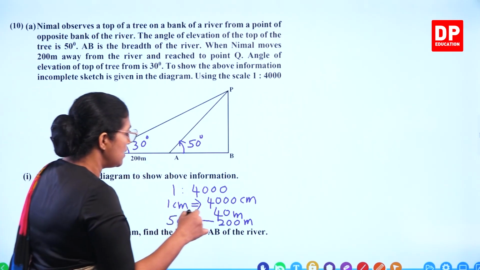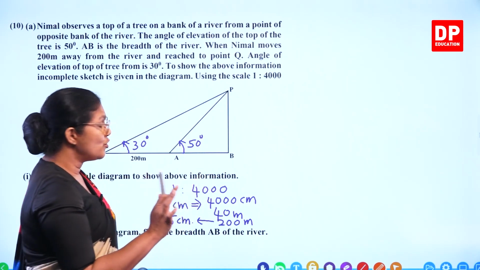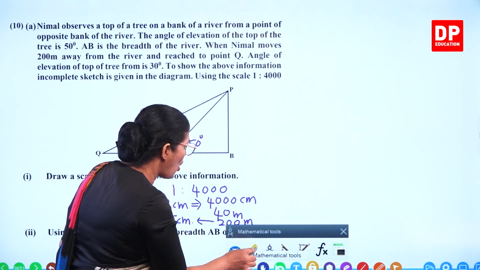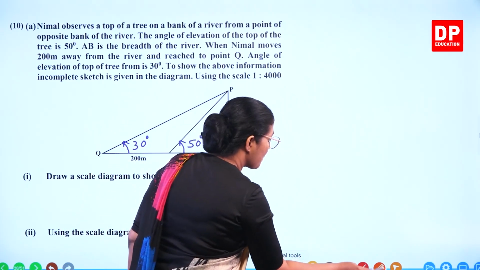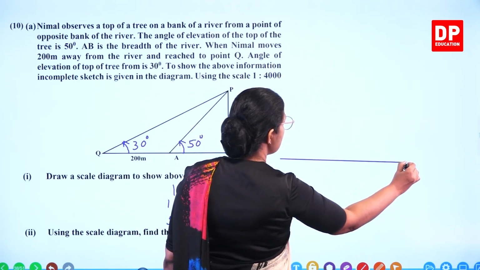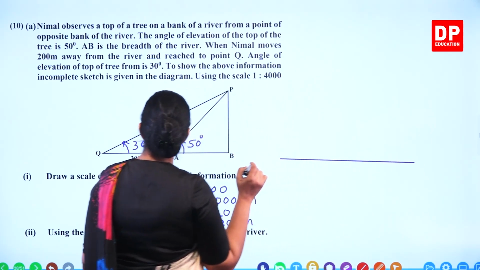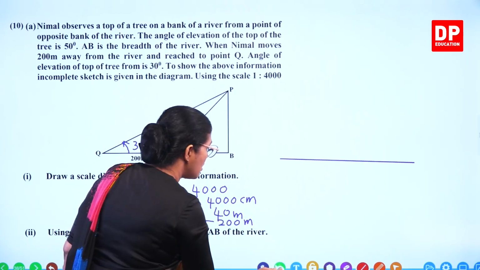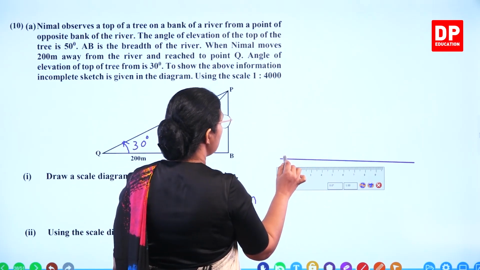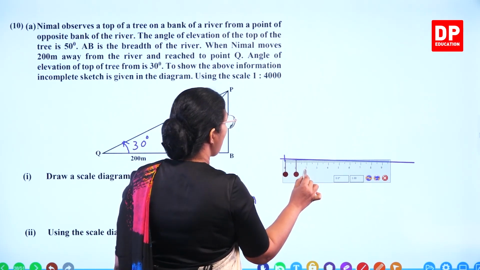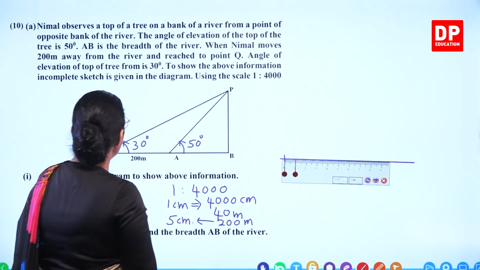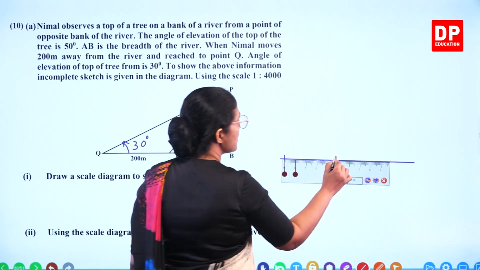So let's draw the scale diagram. You don't need a compass here. You can take the ruler and set squares to draw scale diagrams. So let's take a line first and you can measure from here five centimeters.